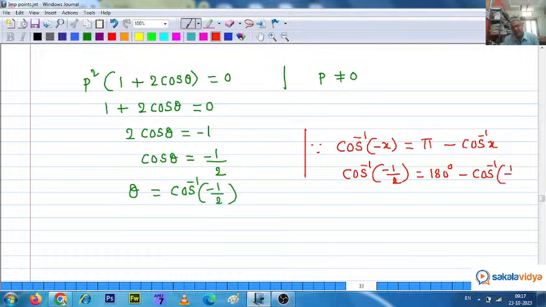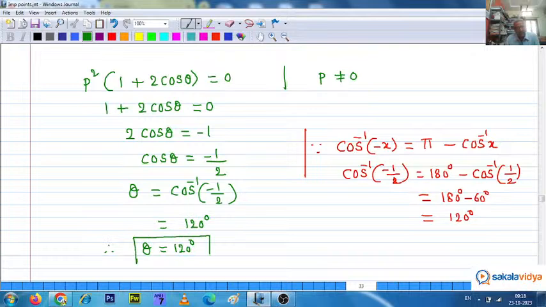Cos inverse 1 by 2 is 60 degrees, so 180 minus 60 degrees, you will be getting 120 degrees. The angle between the two forces is equal to 120 degrees. And moreover, remember one more thing, cos 120 degrees is equal to negative 1 by 2.